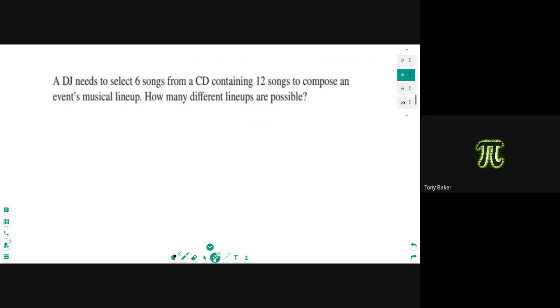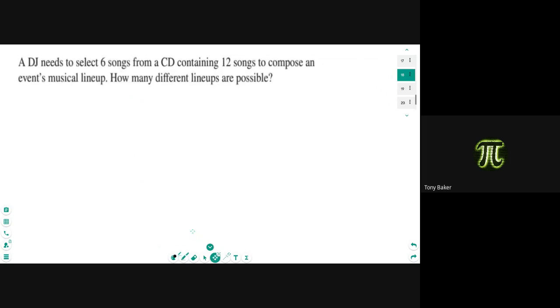All right. There we go. A DJ needs to select 6 songs from a CD containing 12 songs to compose an event's musical lineup. How many different musical lineups are possible? Now we're going back into that whole question, does it matter or not?